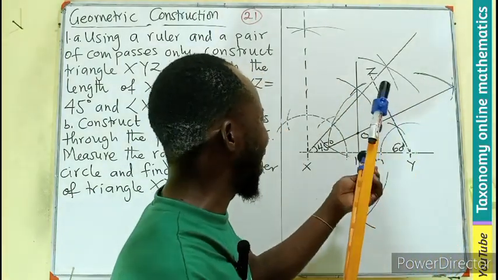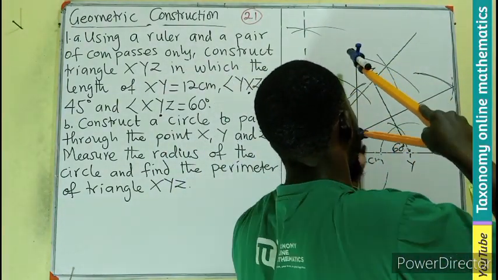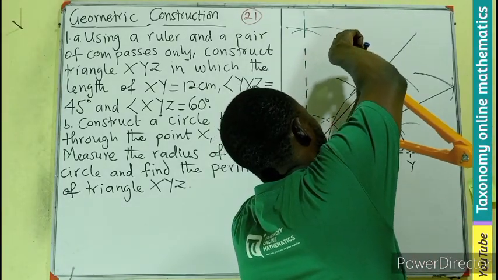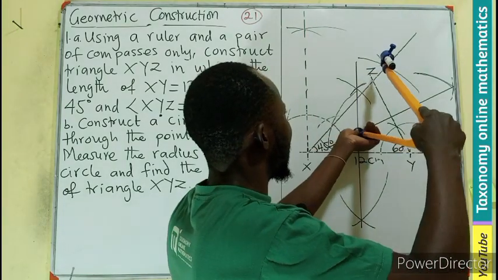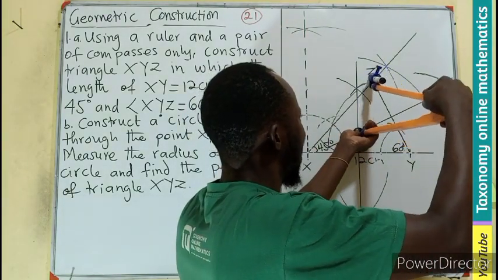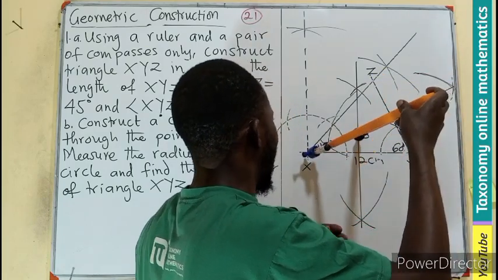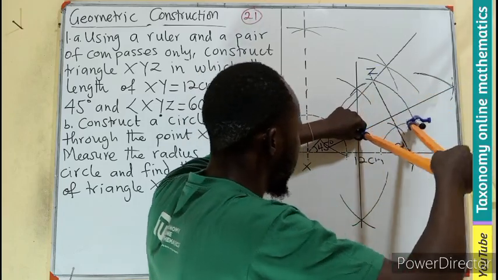So if your compass is at the center, open any radius that is equal to the distance to X. Let's start at the Y and then the X. So we can draw our circle now.